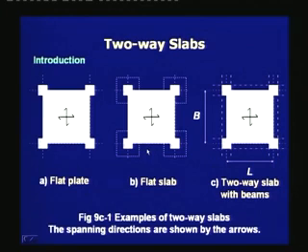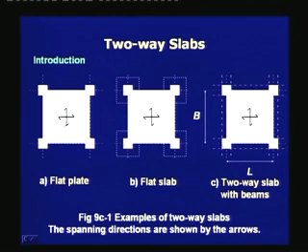The second type is the flat slab where there are drop panels or column capitals, and the third type is a two-way slab with beams where the beams are highlighted by the dashed lines.